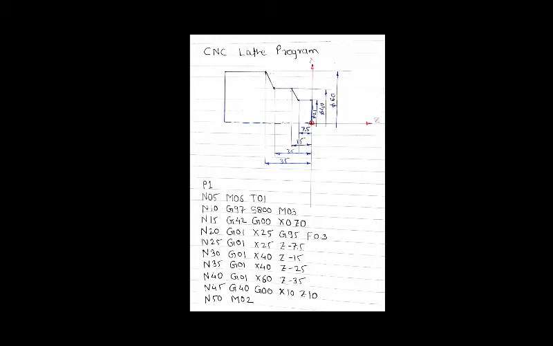Now let us see the function and the purpose of this tool radius compensation. Normally the tool nose is a rounded shape, but hypothetically, for programming, the tool nose is treated as a point.